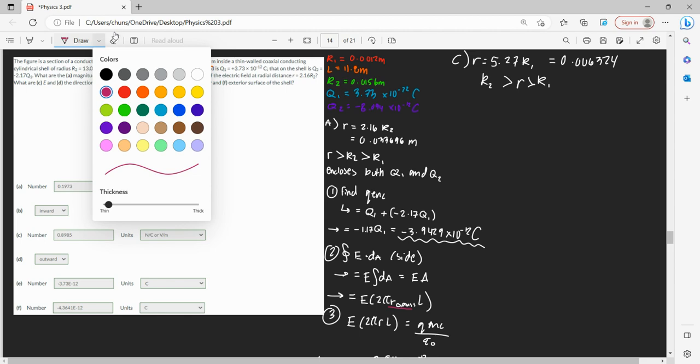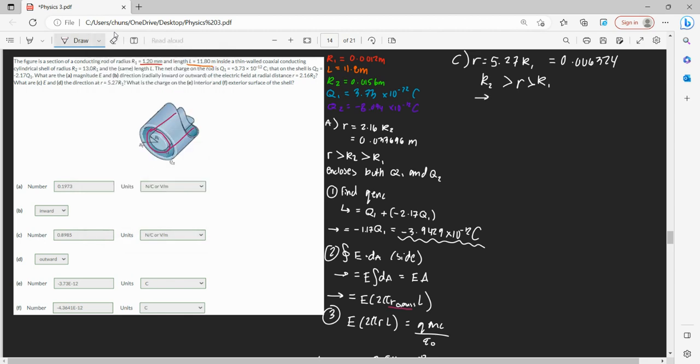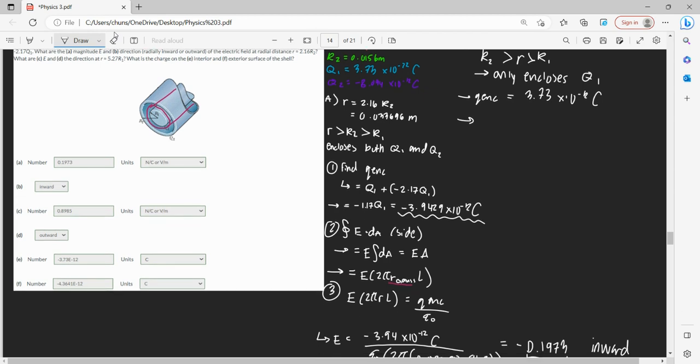So that means it only encloses Q1. So our Q enclosed is equal to our Q1, which is 3.73 times 10 to the negative 12 coulombs. Now we need to find all of this together.